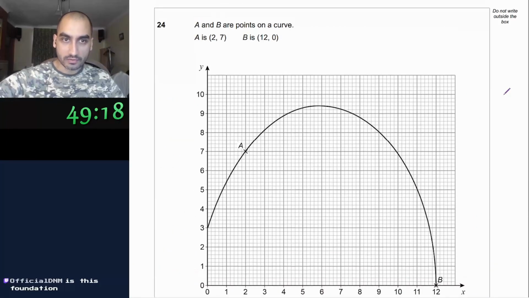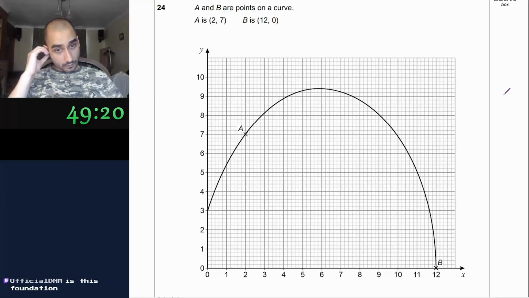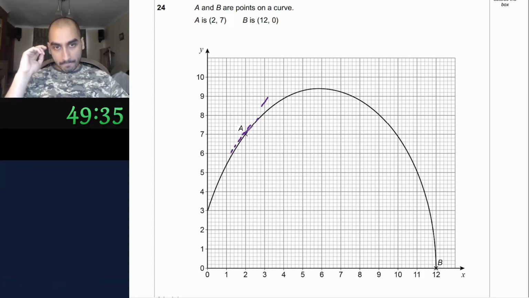So, anyway, you don't know the formula, so why do we care about B? We don't, probably. Instantaneous rate of change, so I'm guessing they just mean the gradient. So it's like this.